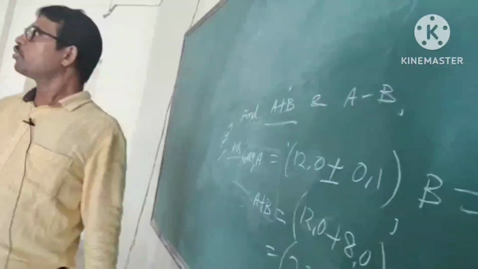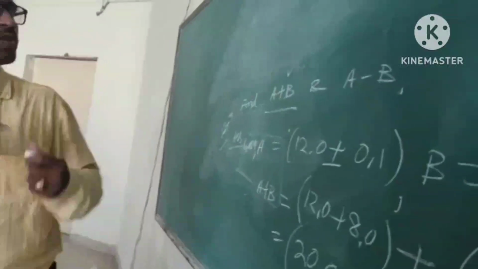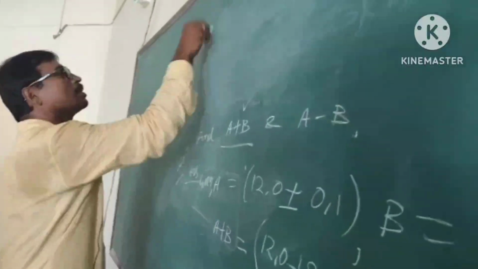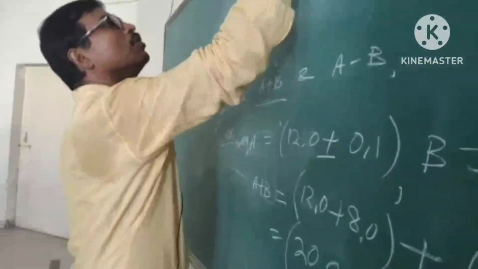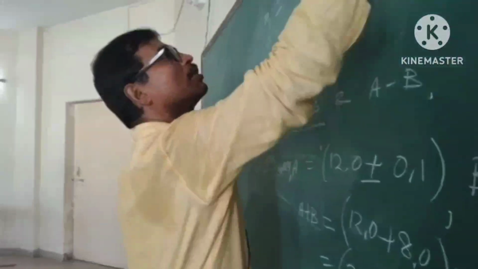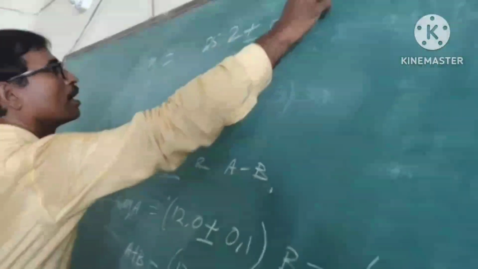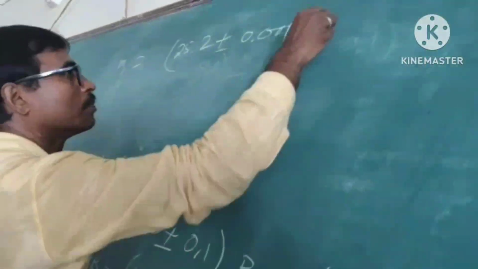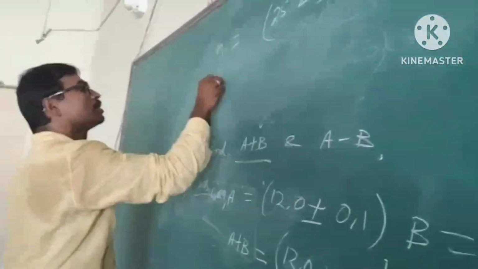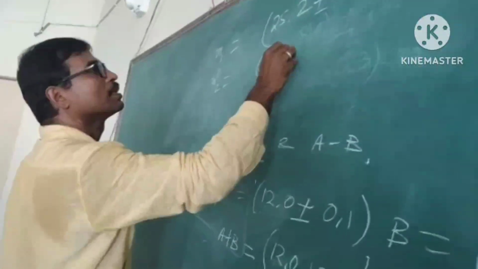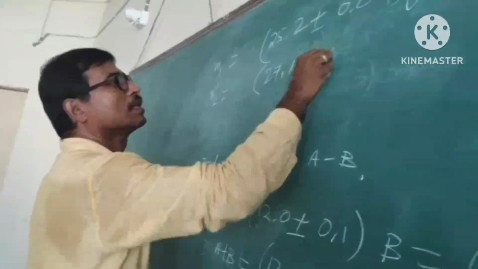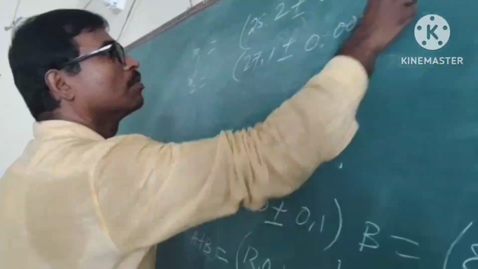Then another question is: mass of two bodies is measured. Suppose mass of one, m1, is 25.2 plus minus 0.001 gram. m2 is 27.1 plus minus 0.003 gram.